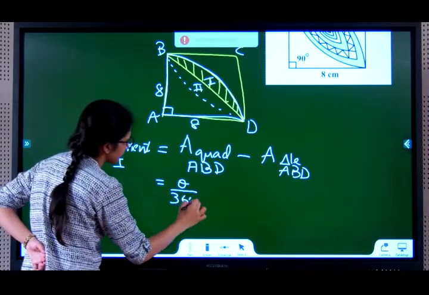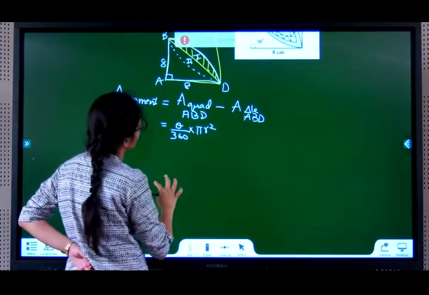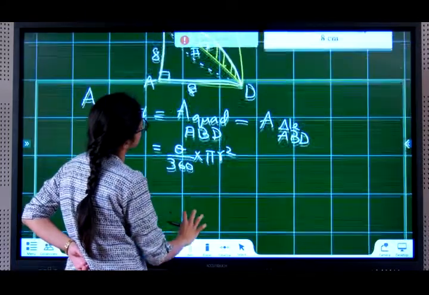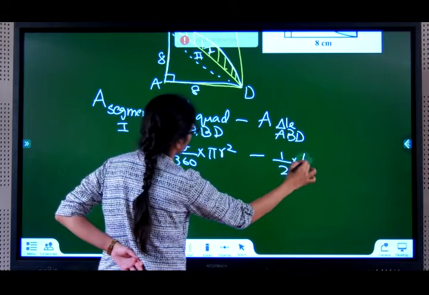Theta by 360 into pi r square. Have they told to take pi as 3.14 here? No. Minus half into base into height.